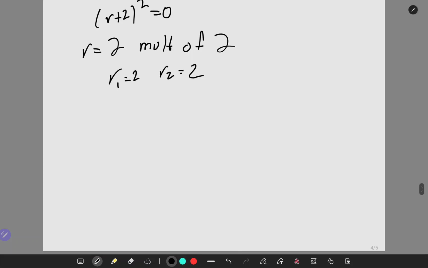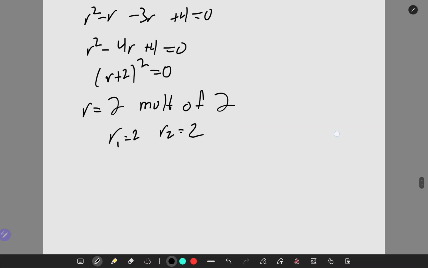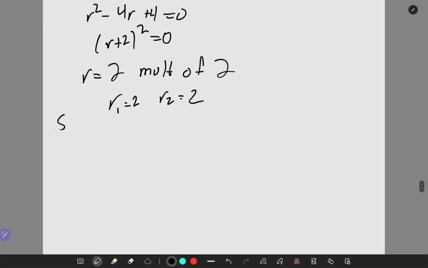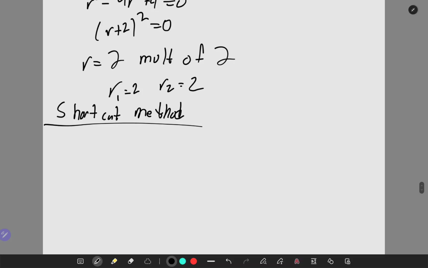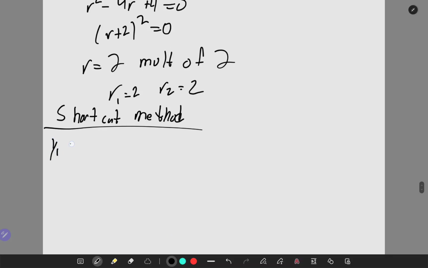Okay, so in this case, let's use reduction of order. Actually, let's do the shortcut method first. For the shortcut method, remember, for y1 we propose x to the r, so we have y1 equal to x squared. And for the second one, if you recall back to the last video, remember how we included that natural log in there? We're basically going to do the same thing.